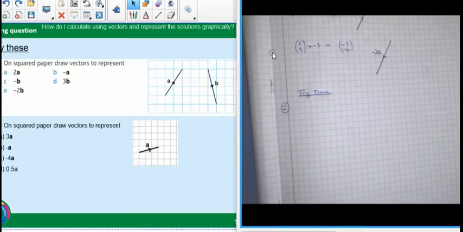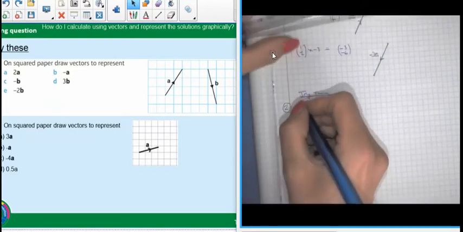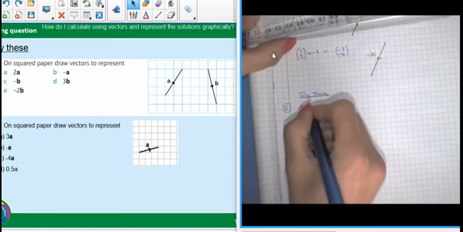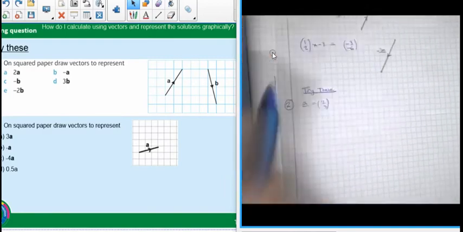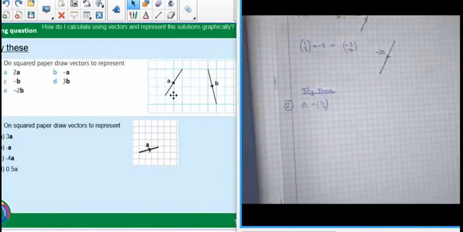Okay, I'm not going to draw these vectors out, but I'm going to write that vector A is equal to (2, 3). We can see that that's 2, 3, 1, 2, 1, 2, 3. And vector B starts up here, and we're going 1 to the right, and 1, 2, 3, 4 down.